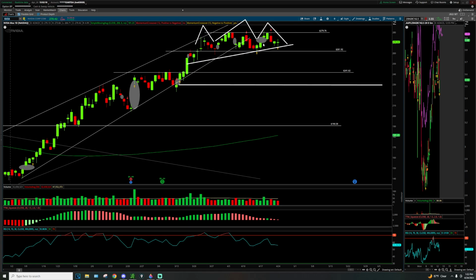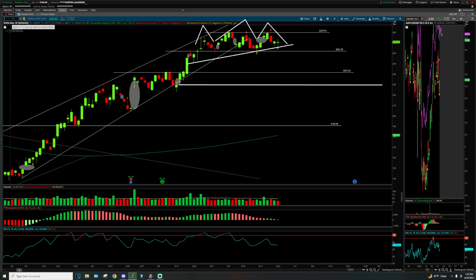So this triple top price target is going to be all the way down to the 230 area for Nvidia, and you can see that the TTM squeeze has not fired to the downside. Ever since mid-January, you guys, this stock is very, very overbought.